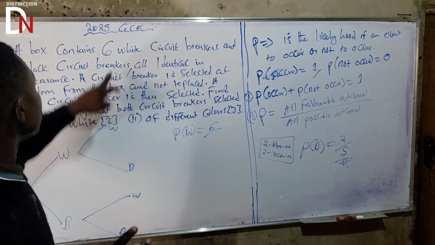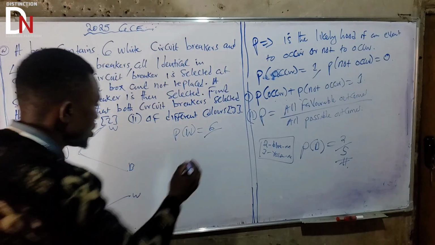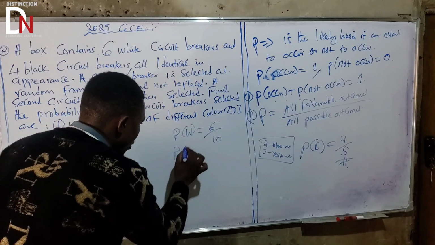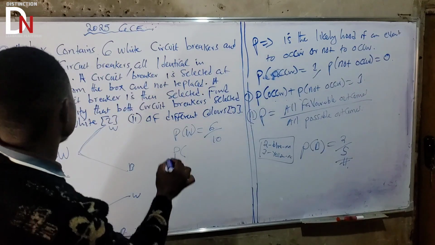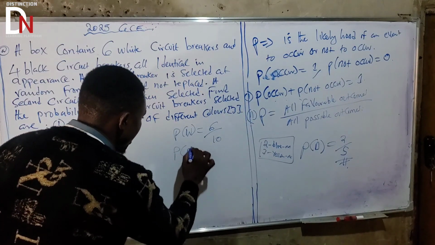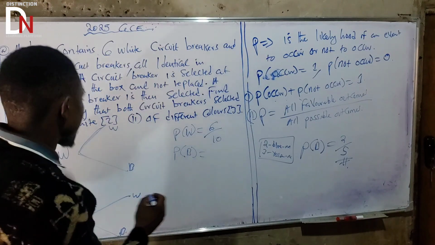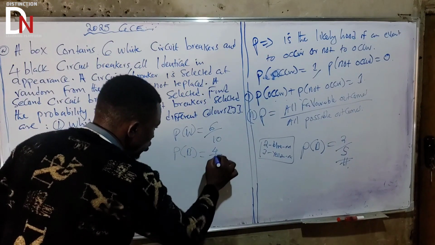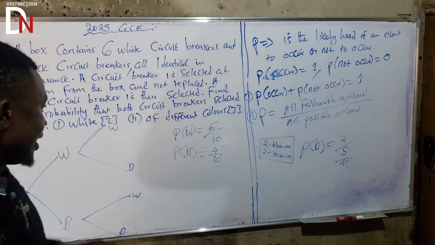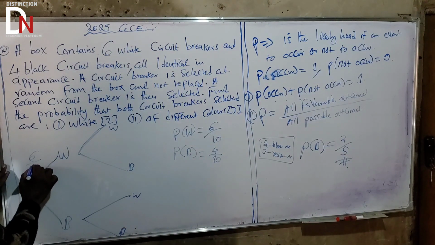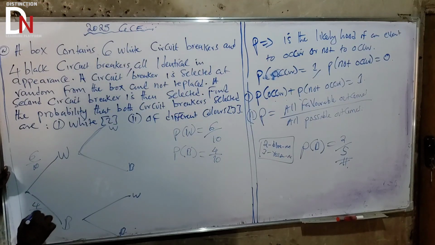The total here is 6 plus 4, which is 10. Similarly, I will do the same thing for black. I will use capital letter B representing black circuit breakers. For black, it was 4 out of the total number, which was 10. So this is 6 out of 10, and this is 4 out of 10.